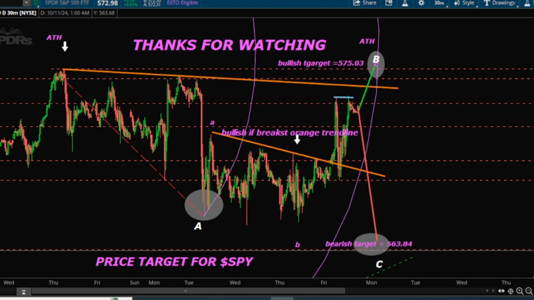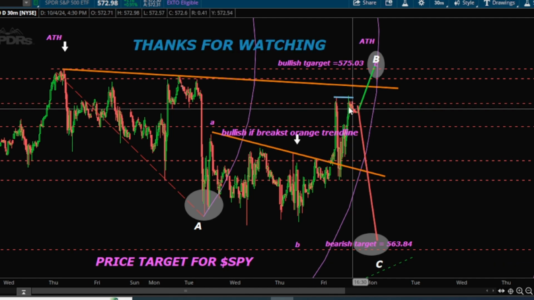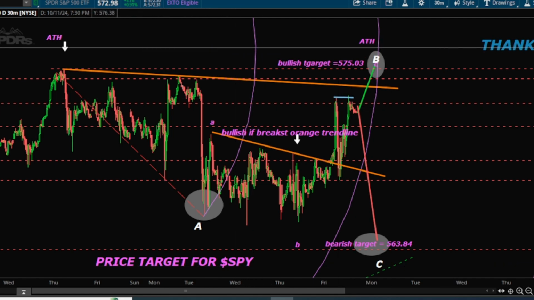So again, our bullish target for going into Monday, if it breaks this blue line, I'd say there's a good percentage that we get up to 575.